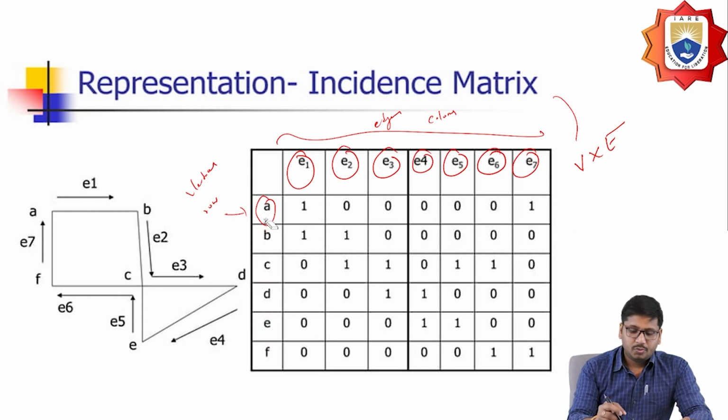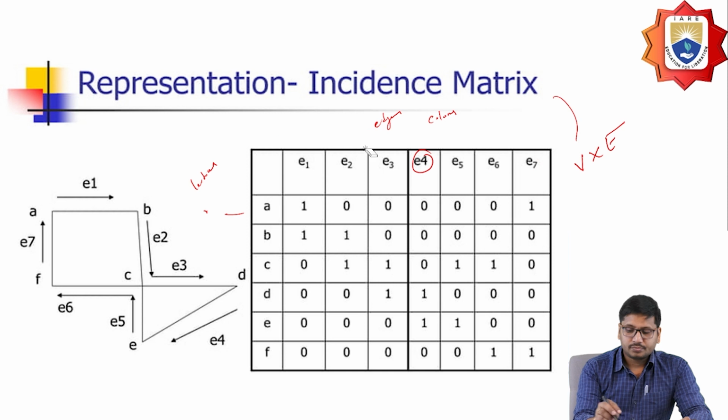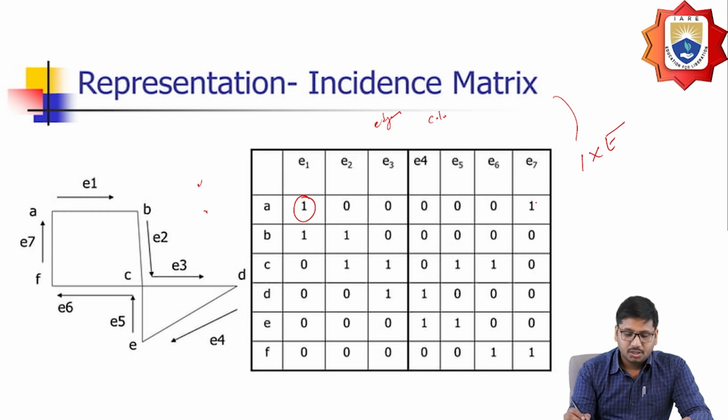So suppose I'm going to have an edge like this, A to B. For A, what are the edges that I'm having? So 1, and then E1 is incident on this, so it should be -1.